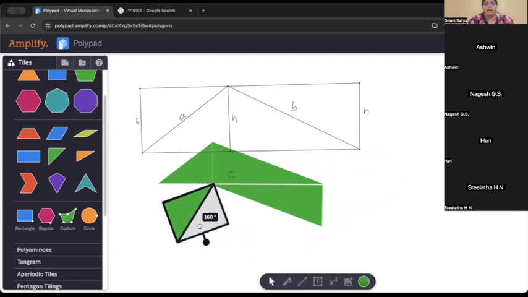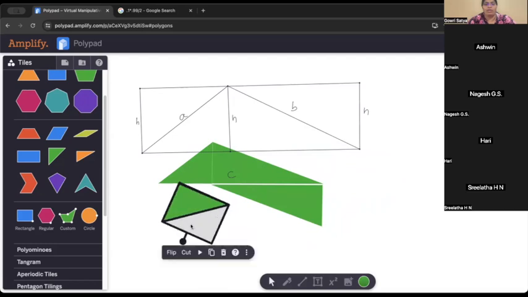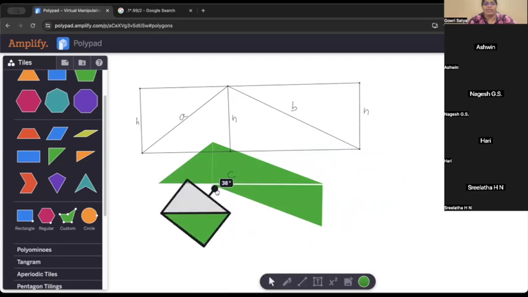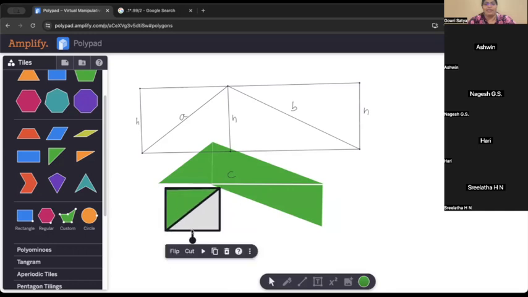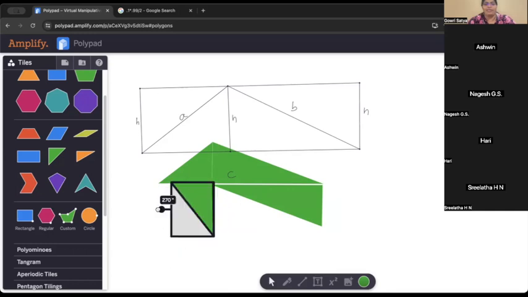Just put that. Okay, rotate it more. Can you fit that onto the other?